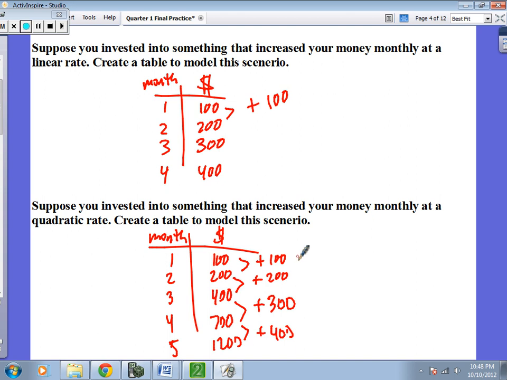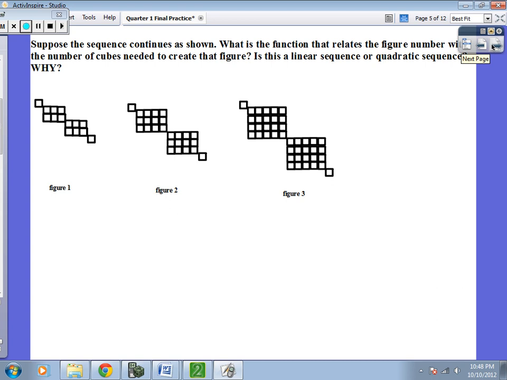So as long as when I take your change, if I take it out the second time, this has got to be constant, the same thing. Okay, write the function.